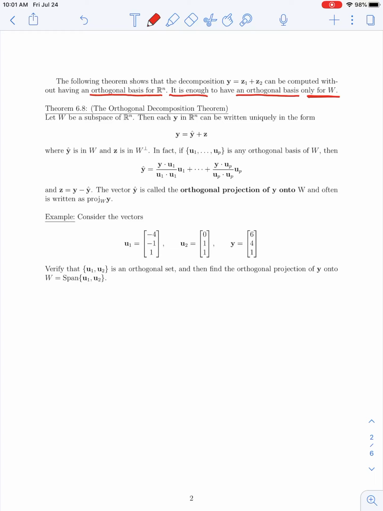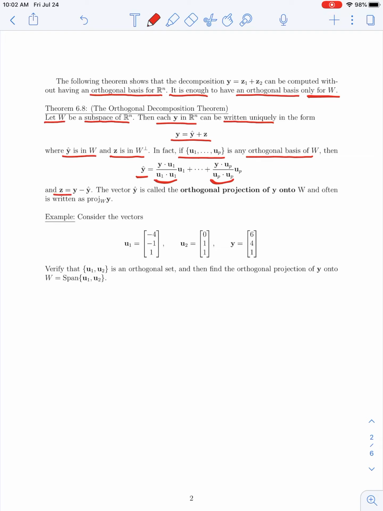This result, theorem 6.8 from your text, is known as the orthogonal decomposition theorem, which says if we have a subspace W of Rn, then for each vector y in Rn, we can write that vector uniquely in the form y is y hat plus z, where y hat is in the subspace W and z is in the orthogonal complement to W. And in fact, if the basis for our subspace is an orthogonal basis consisting of vectors u1 through up, then the vector y hat, which lies in W, has weights given by the dot product of y with the respective basis vectors u1 through up divided by the dot product of those basis vectors with themselves.